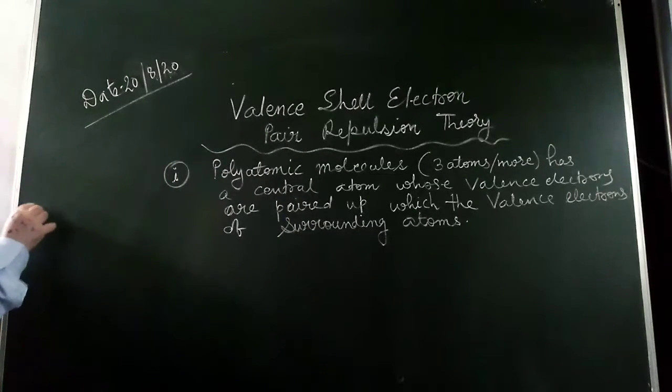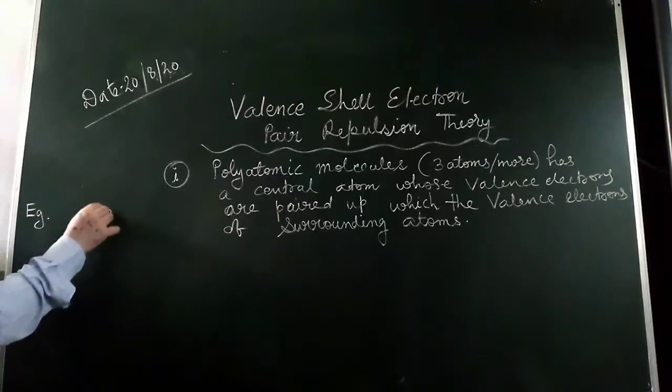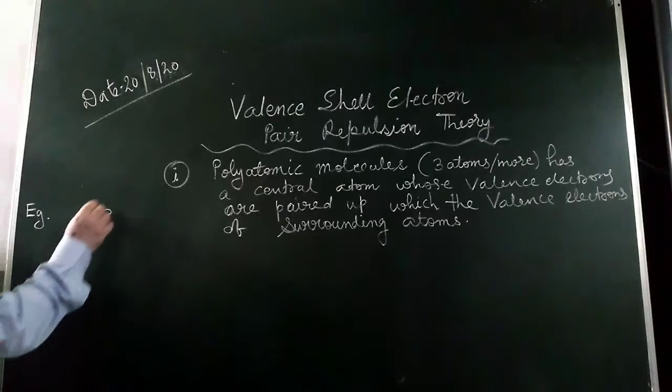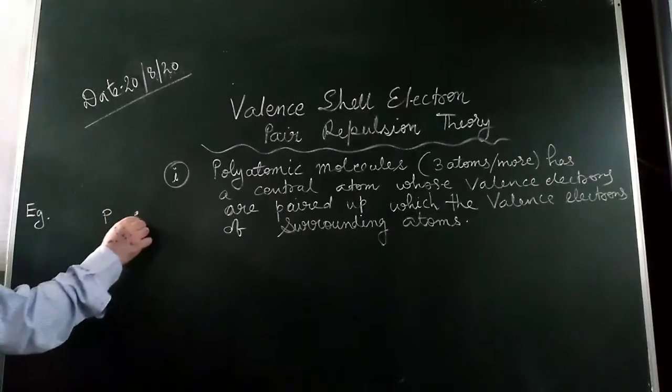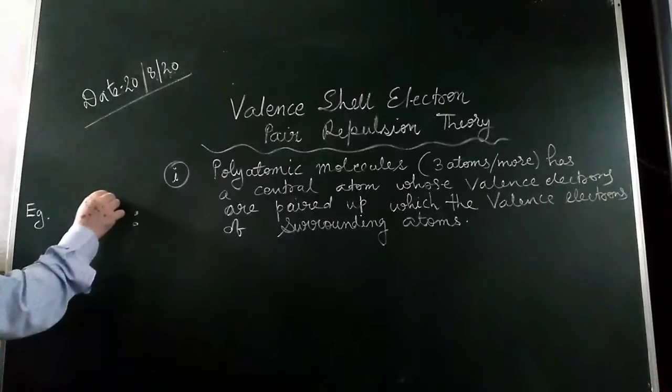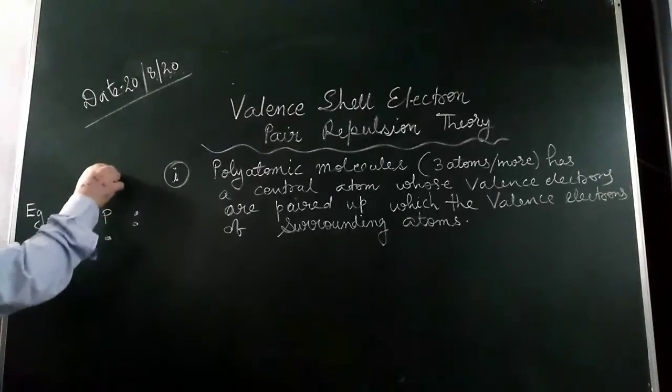Example, you have seen phosphorus pentachloride. Phosphorus has 5 electrons and chlorine has 7 electrons.